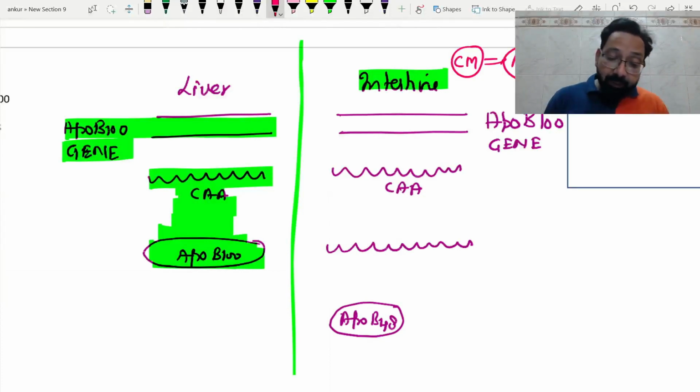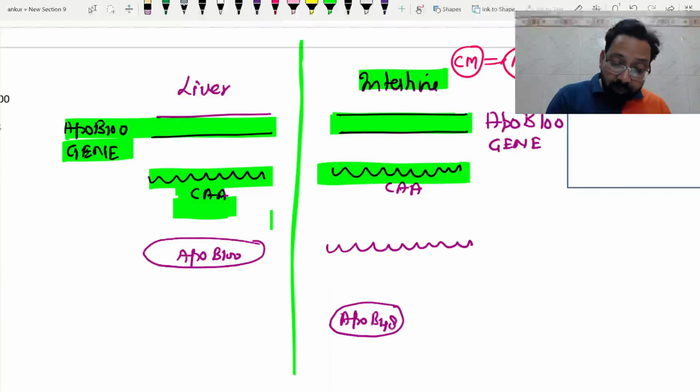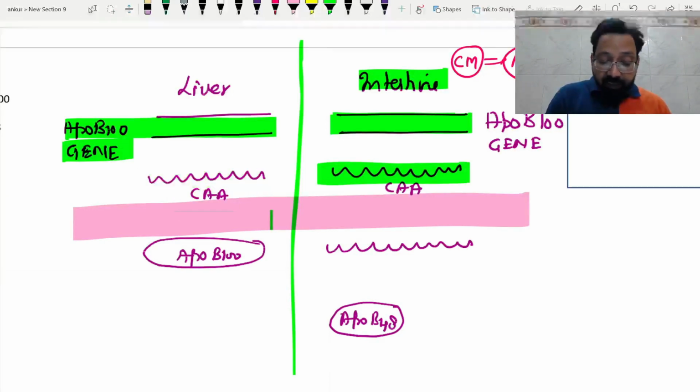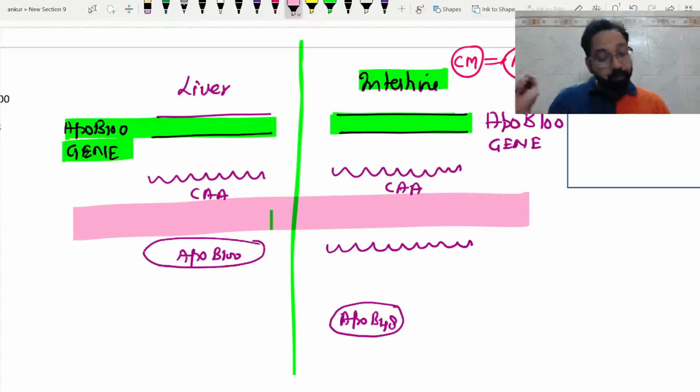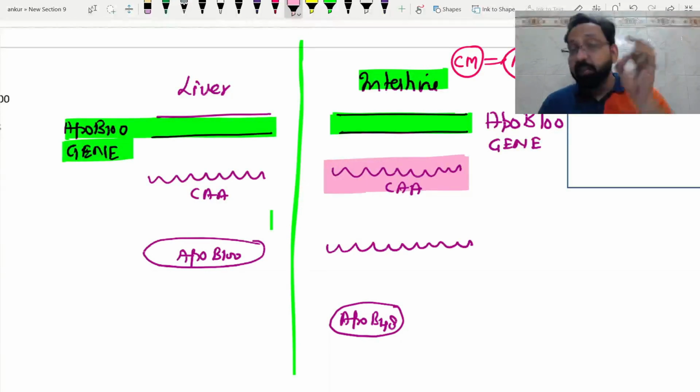In the intestine, the same ApoB100 gene synthesizes messenger RNA, and up to this point, in intestine and liver cell everything is the same. So if CAA is in this messenger RNA, CAA would be there at the same position. So in the intestine, if this messenger RNA synthesizes a protein, which protein will it synthesize?